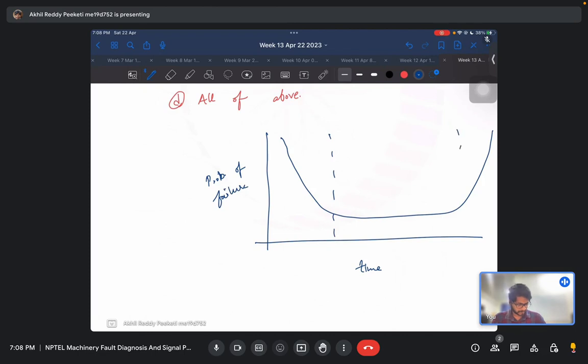So this is the bathtub curve where the probability of potential failure is initially very high. After that, it reduces and then stays almost the same, and at the end of the life cycle it is again high. So in the initial stages, this is the infant mortality zone.